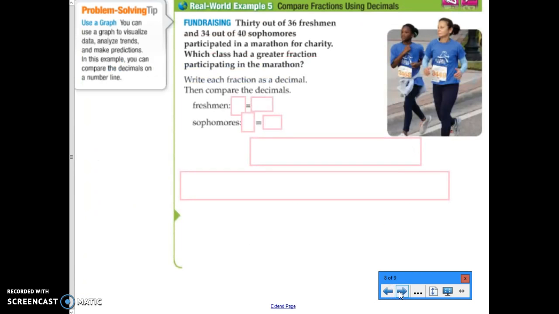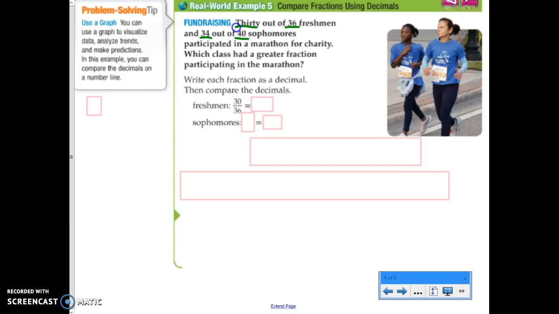On the last slide here, it says 30 out of 36 freshmen. Remember, always underline any important words. So 30 out of 36 freshmen and 34 out of 40 sophomores participated in a marathon for charity. Which class had a greater fraction participating in the marathon? So the first thing we do is write each fraction as a decimal and then compare.